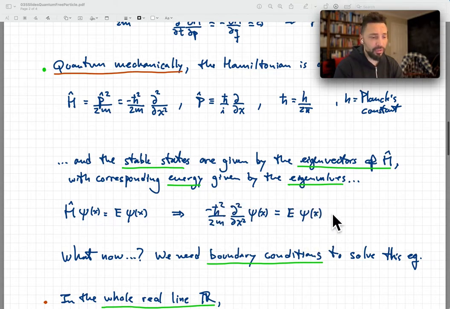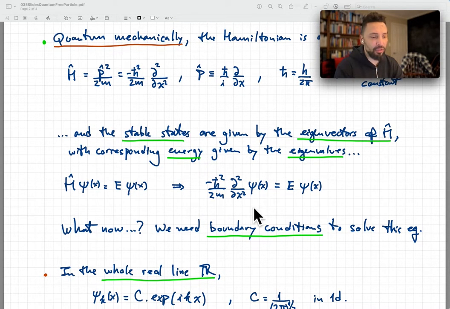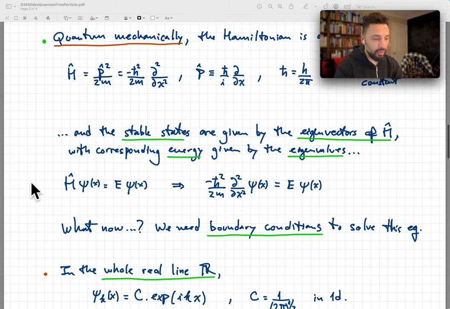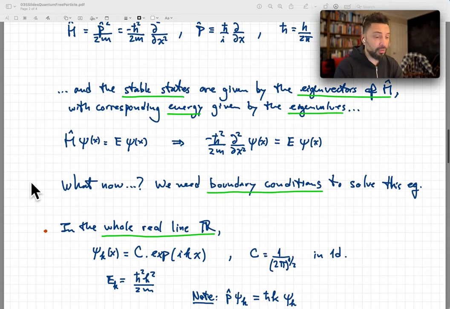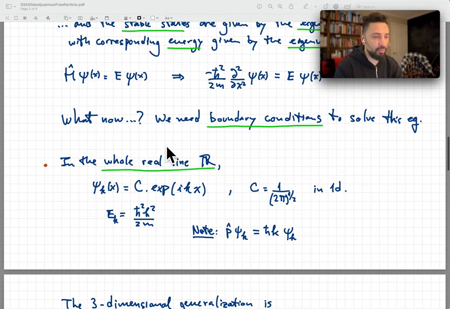We have to solve this differential equation with some boundary conditions, and those boundary conditions with the differential equation will tell us which values of E are possible. And so for a truly free particle in 1D, it can live in the whole real line. And so then our eigenfunction will take the form psi sub k. There will be a parameter k, which will be the momentum, as a function of x is equal to a constant.